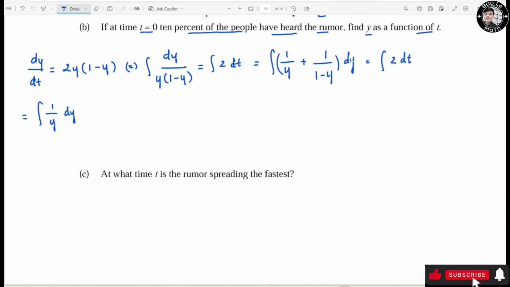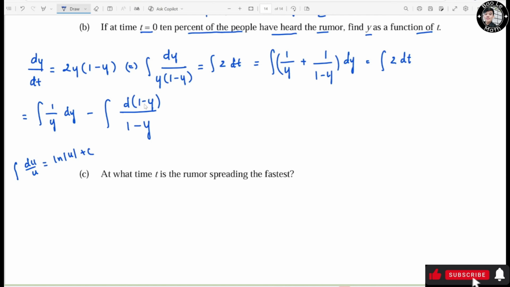Now for the second one, I'm going to replace dy with d(1 - y) so that I can apply the formula: the antiderivative of du/u is ln|u| + c. So it's going to be negative the antiderivative of d(1 - y)/(1 - y).